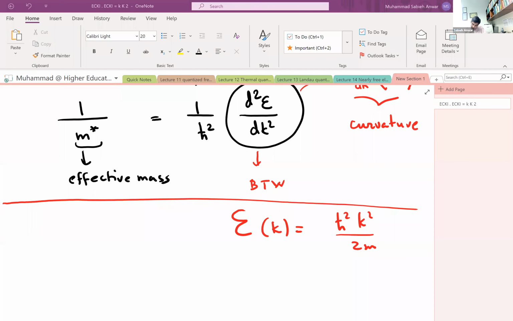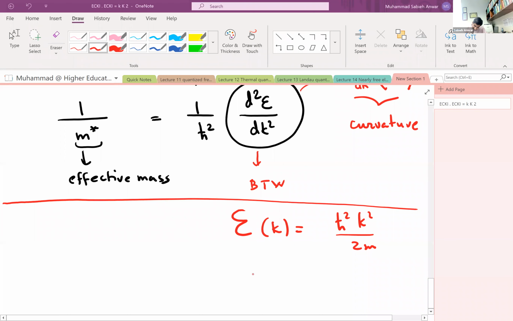So E equals h bar square k square over 2m. So dE by dk is h bar square k over m.